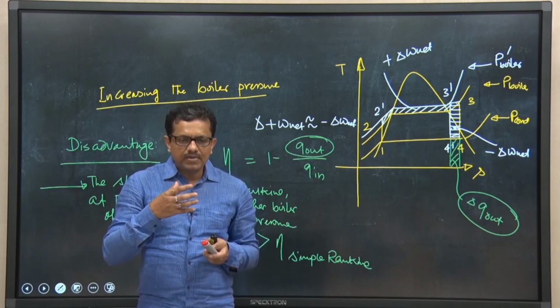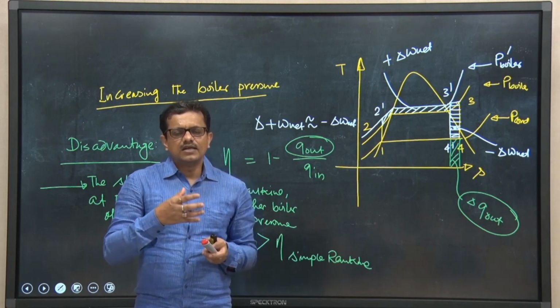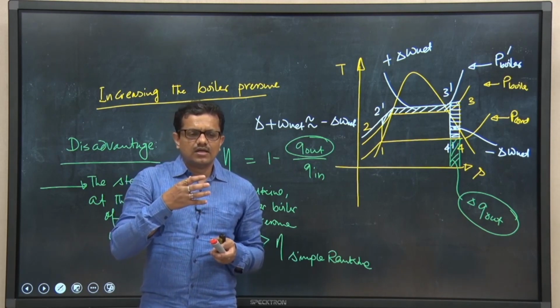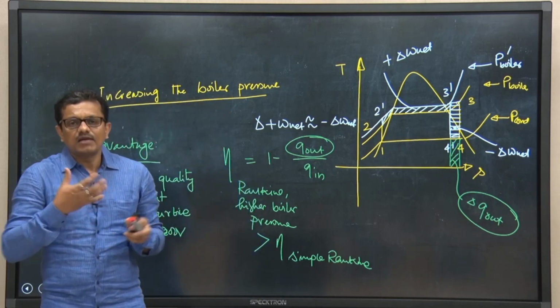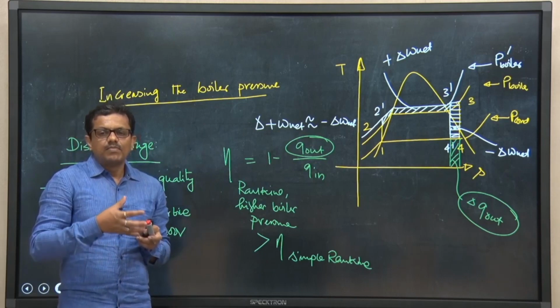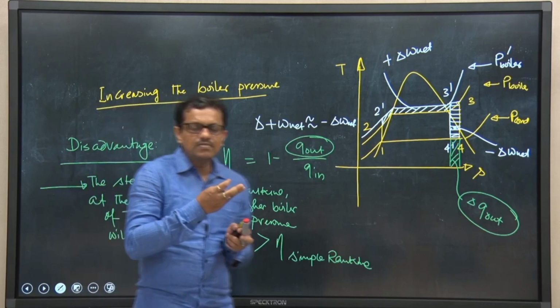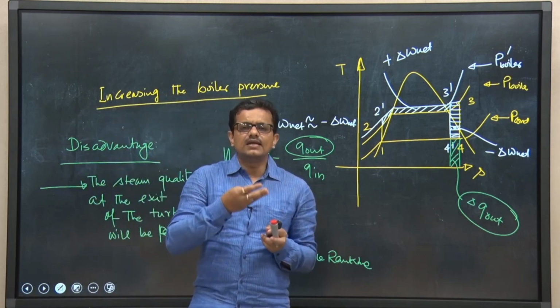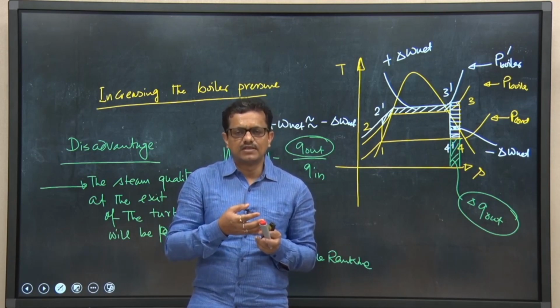The advantageous features are: the reheat cycle offers higher thermal efficiency by exploiting high boiler pressure, superheating the steam, and also eliminating the high moisture content of the steam at the exit of the turbine.